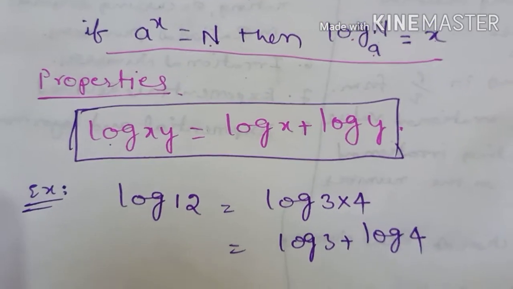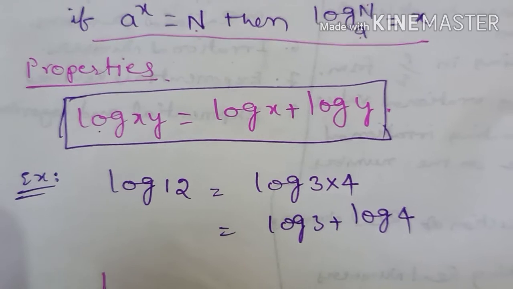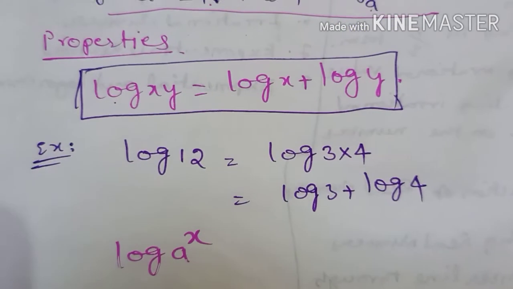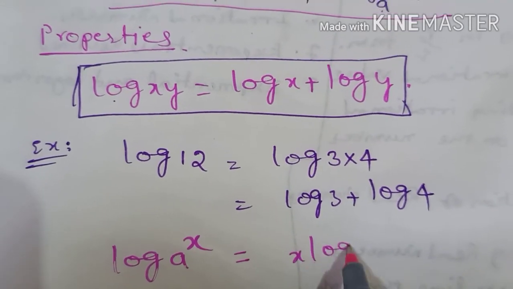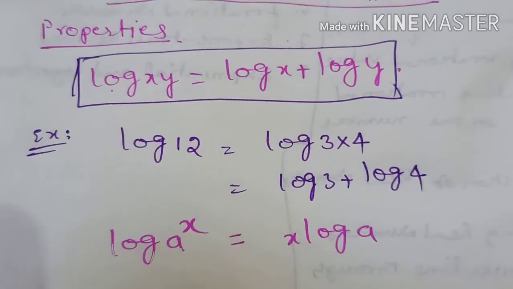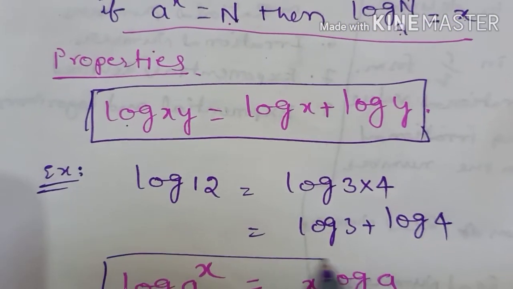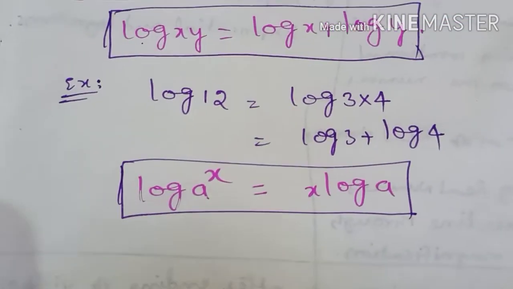Okay, now one more law is there: log a to the power of x is equal to x log a. This is one more law. See the examples for this.